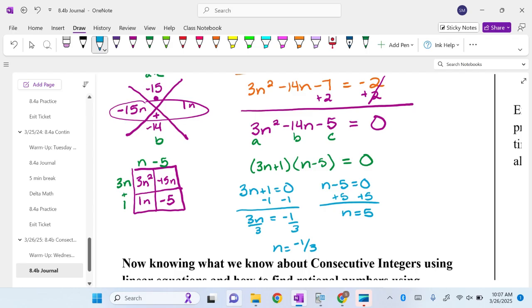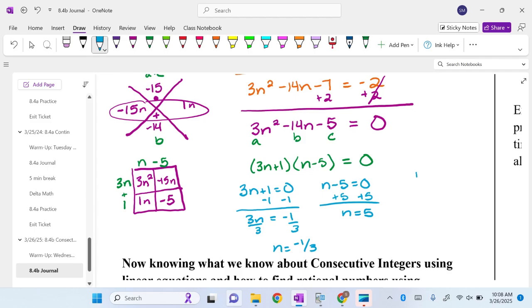Now, we're not looking for consecutive integers. We're just looking for rational numbers, which both these numbers are. Also, because we're just looking for numbers and not a measurement, we don't care if that number is negative. All right? So both of our answers are viable.